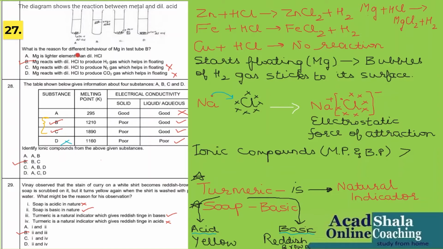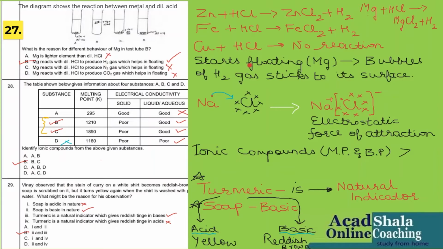Among these 2 options I will see the most appropriate one. The first says magnesium is a lighter element than dilute HCl. No, not at all. The second says magnesium reacts with dilute HCl to produce hydrogen gas which helps in floating. Yes, this is absolutely correct.